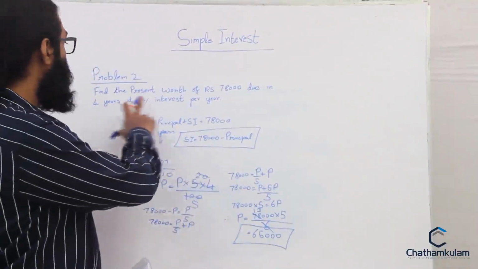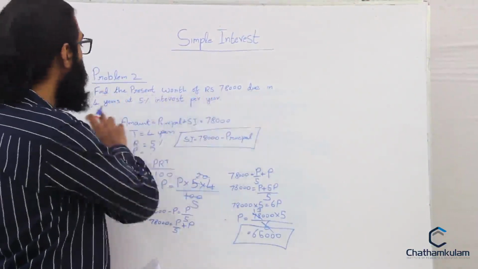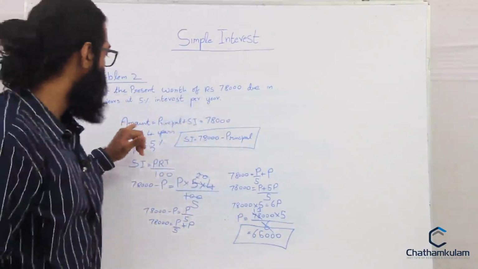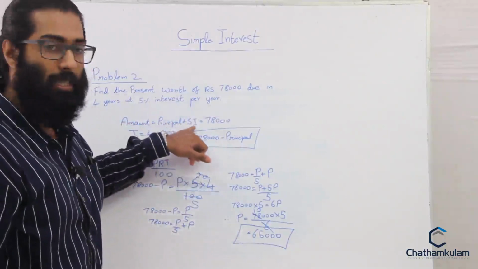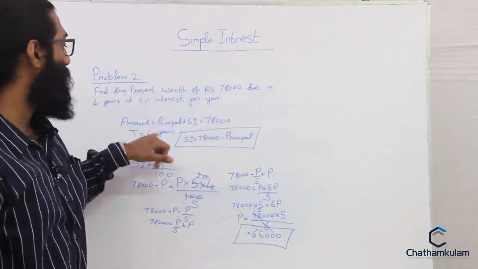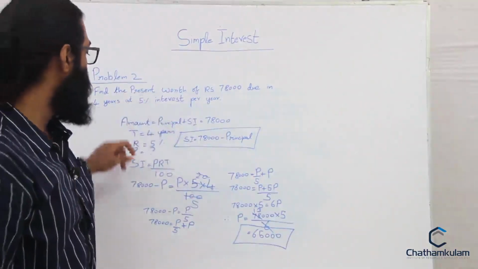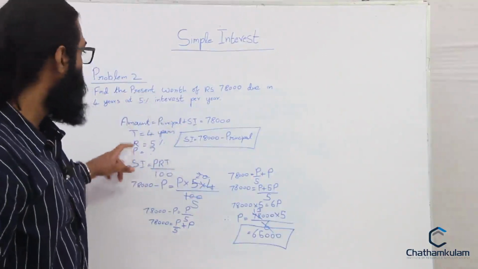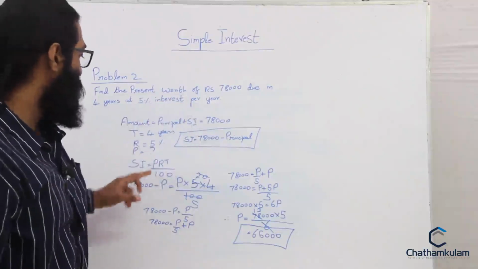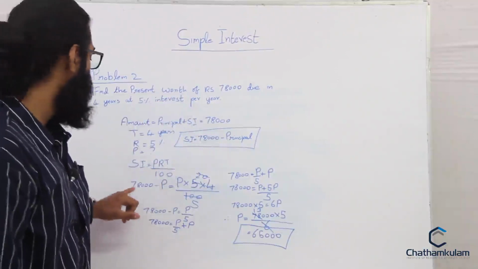So the question is, find the present worth of rupees 78,000 due in 4 years at 5% interest per year. We take the amount, principal plus simple interest, as 78,000. The value of T equals 4 years, and R is 5%. We have to find the principal amount, that is the present worth. We have the formula SI equals PRT by 100.